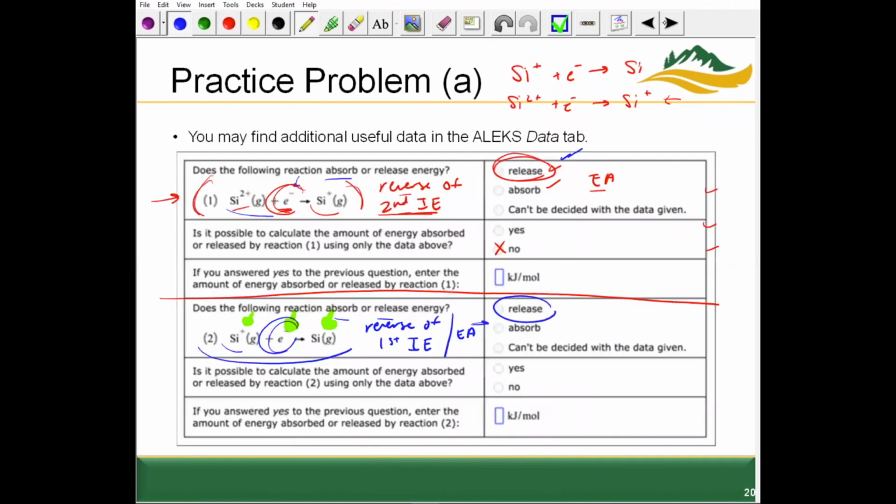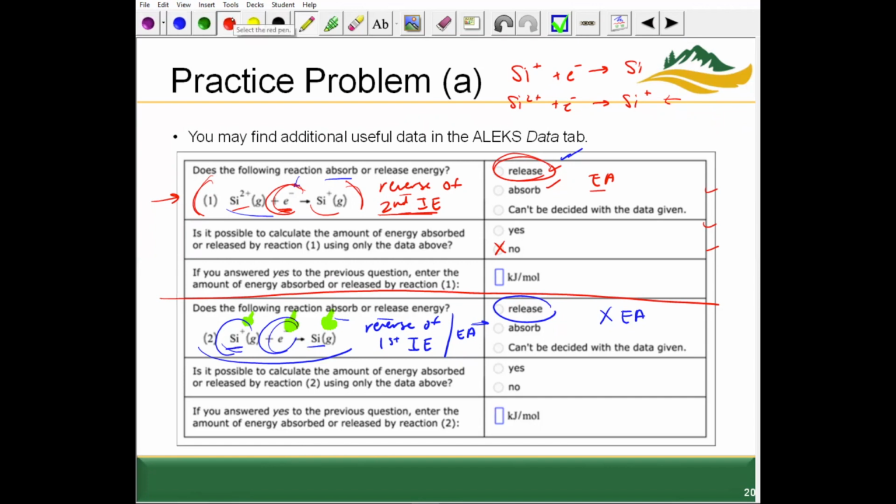As written here, this is showing Si+ plus an electron to form the neutral atom. That means this does not actually describe electron attachment in the sense for how it's truly defined. Yes, we're adding on an electron, but not to the neutral form of silicon.